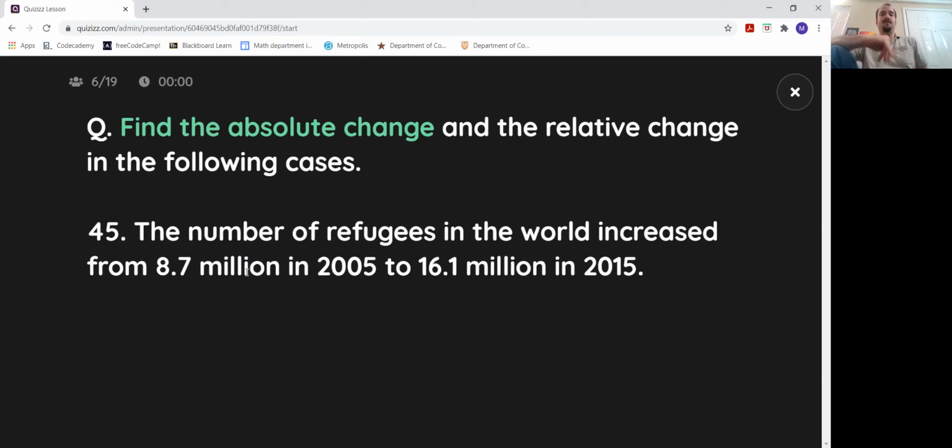Okay, so if you watched the video and you know what the absolute change or the absolute difference between two things is, this should seriously take you like 10 seconds to do. And I've kind of hinted at what to do.